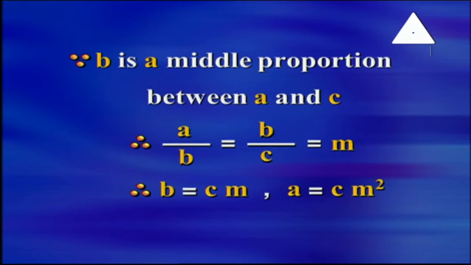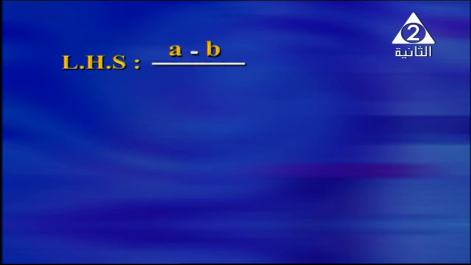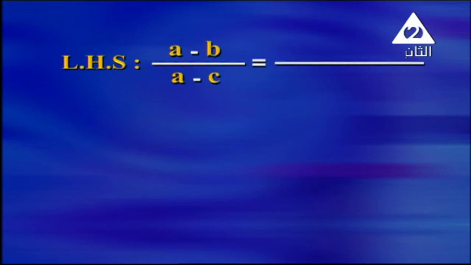By taking the left-hand side, you are going to notice that the left-hand side equals A minus B over A minus C, which is Cm to the power of 2 minus Cm over, what about A?